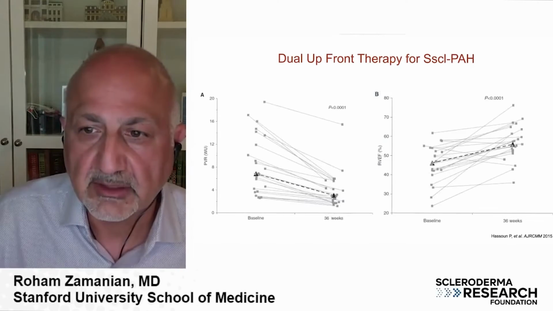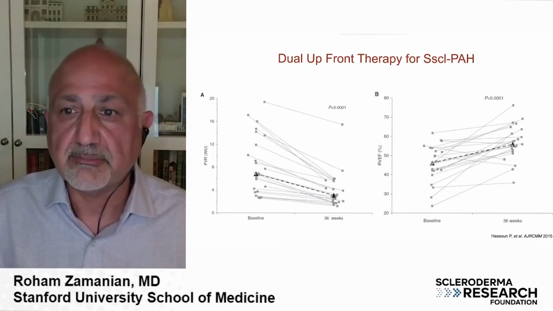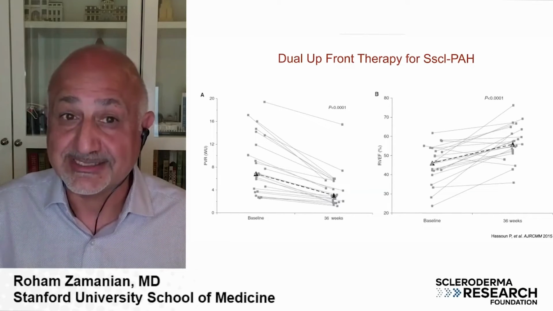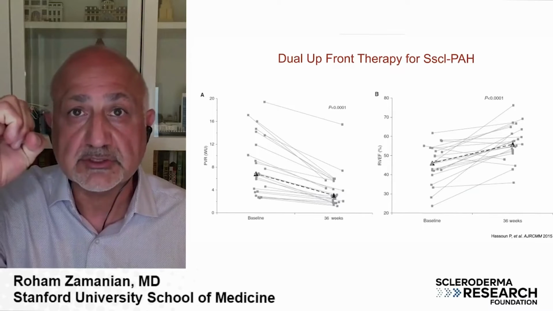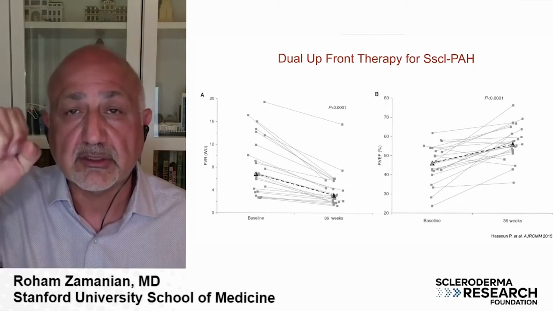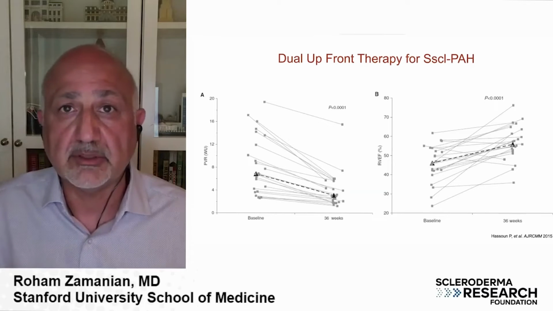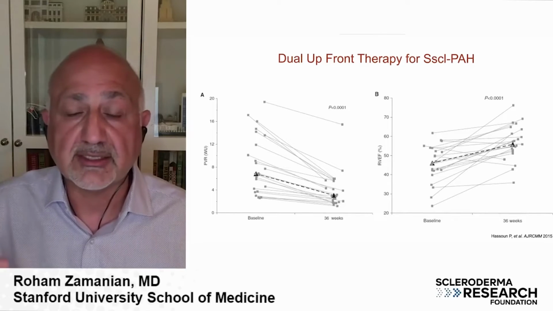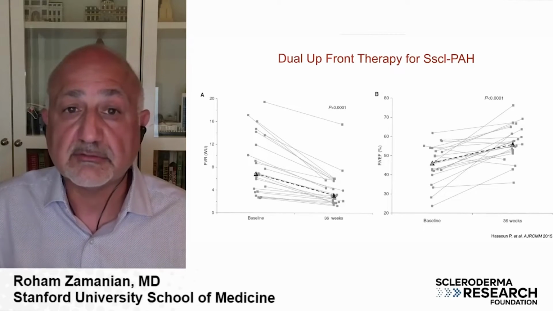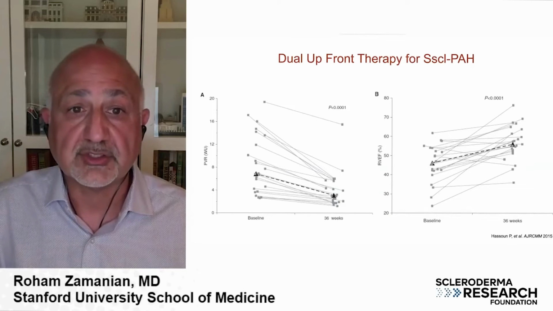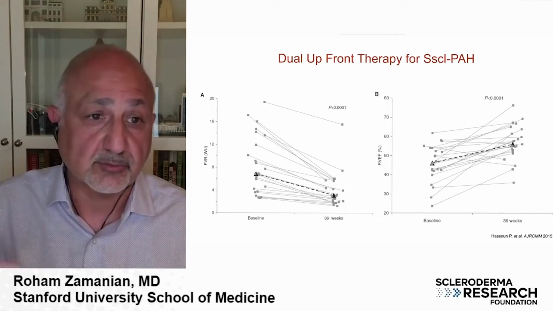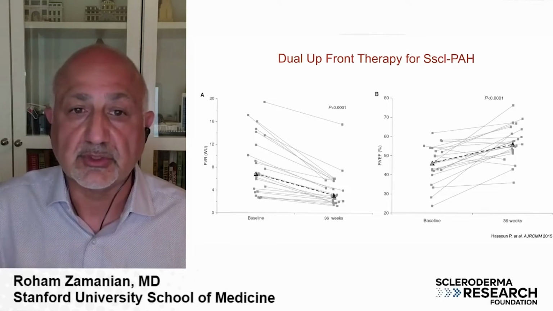But what is really most impressive in this study is the impact we could show in the pulmonary vascular resistance, the occlusion of those blood vessels in the lungs, and the higher the occlusion, the higher that PVR number. So you see that number on a median level went from somewhere around 6.5 to somewhere less than 4. And you see a tremendous change in a variety of patients, a majority of them going from a very significant amount of pressure or resistance of more than 8 Wood units down to much lower.